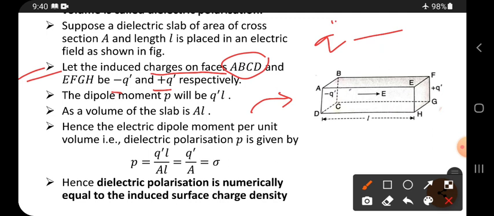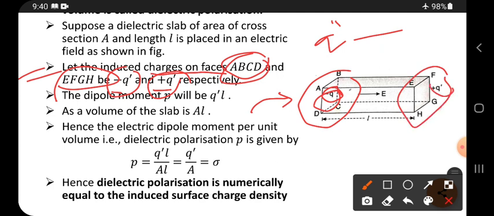They are denoted by a dash. On face ABCD there is negative charge, and on face EFGH positive charge, and these two charges are separated by a distance L.